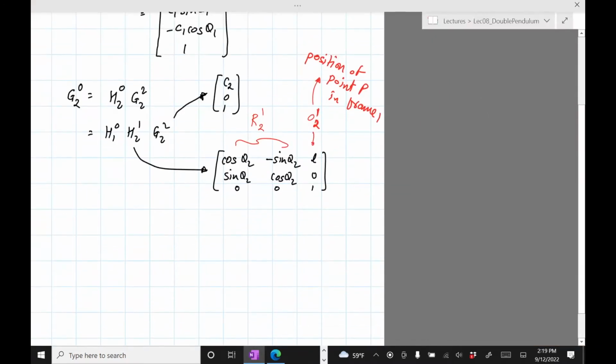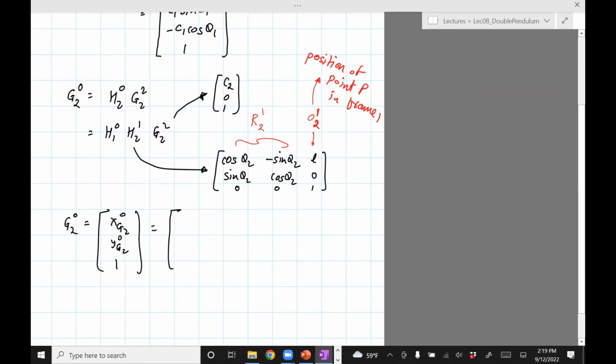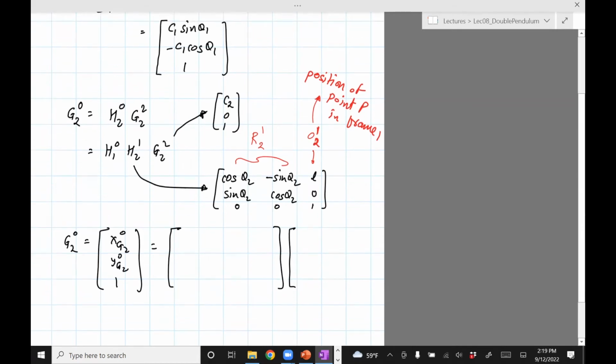Okay, so I'm not going to do the math here, but I just have the formula already done earlier. So it's xg2 in frame 0, yg2 in frame 0, and there'll be a 1 coming up, equals something times C2, 0, 1.